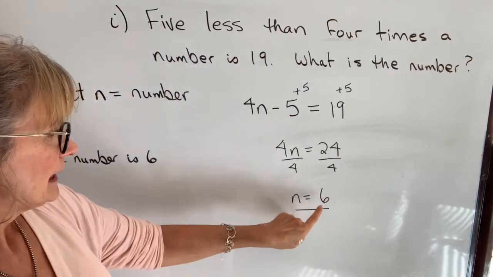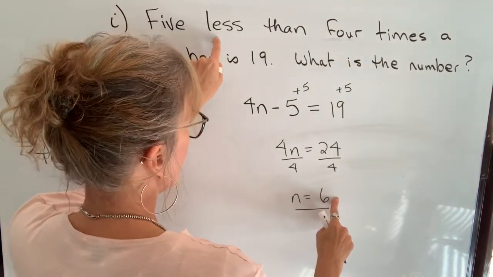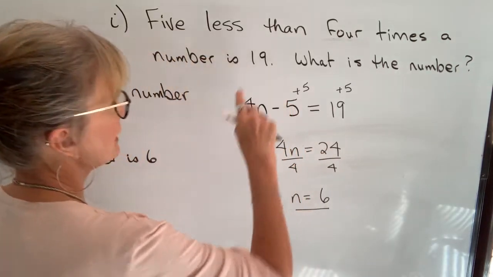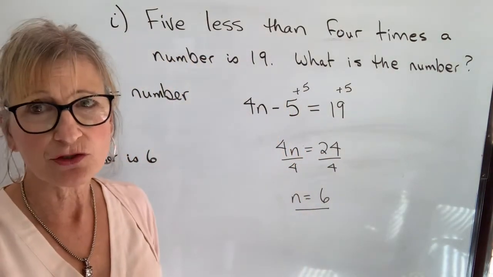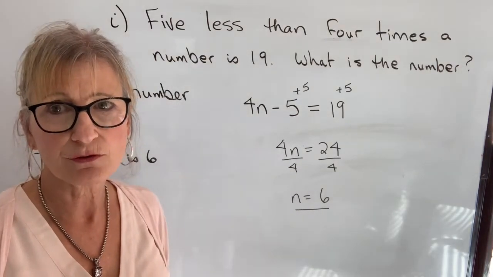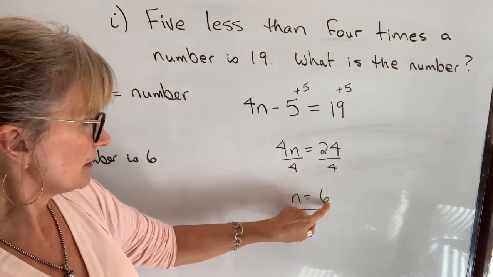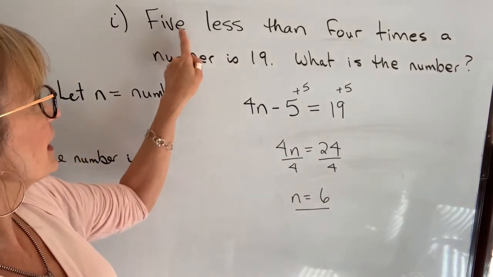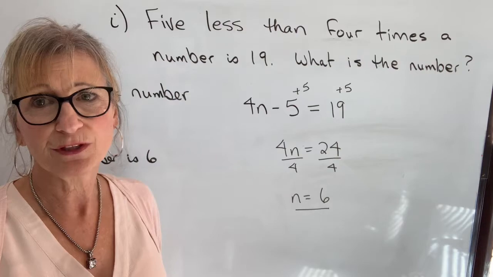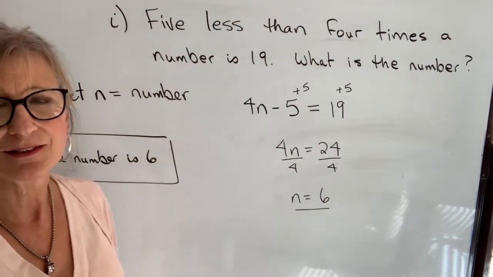So, does 4 times this minus 5 equal 19? I would do a quick check because usually you can easily see if your answer is correct. It is: 4 times 6 is 24. 5 less than that is 19, so we know that we've done it correctly. So there's my statement. The number is 6.